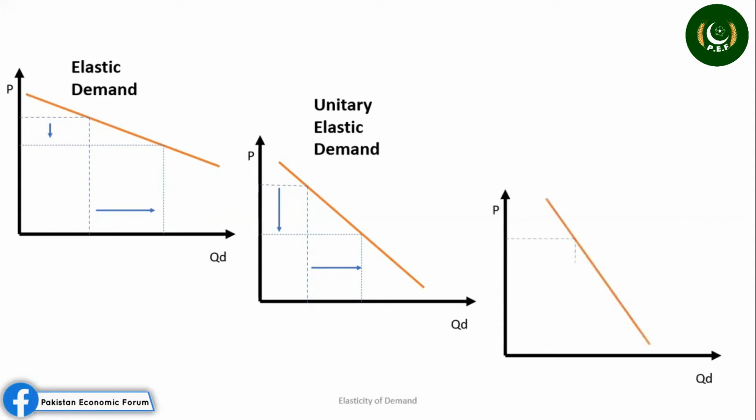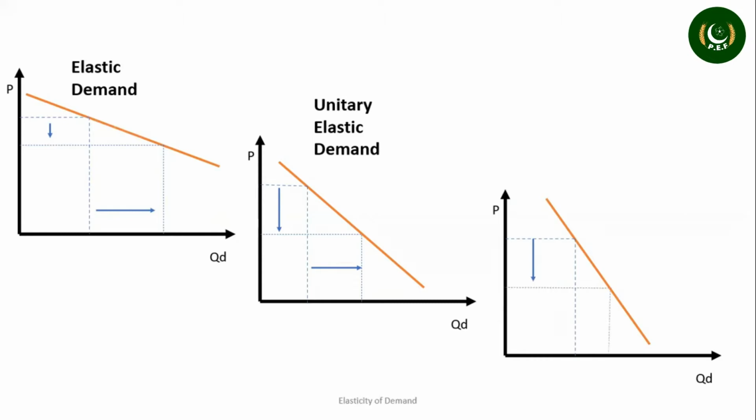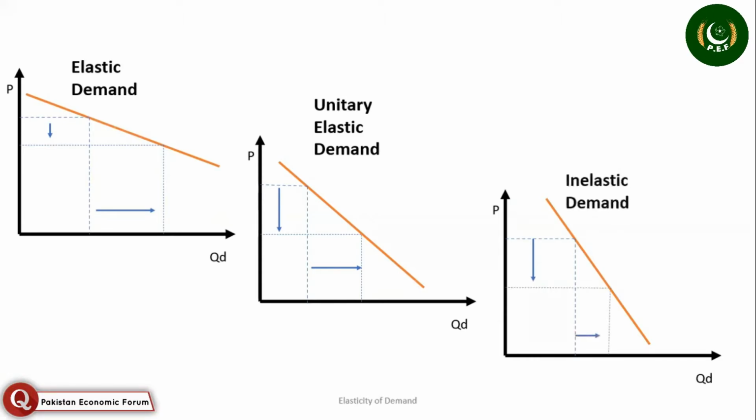On the same lines, taking 2 points and joining them in this diagram, we can see that the change in price is greater in magnitude, whereas the quantity demanded shows a smaller reaction to it.